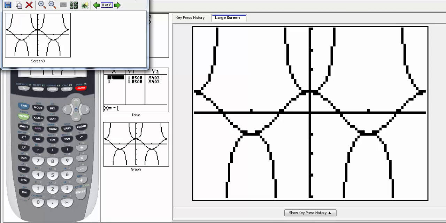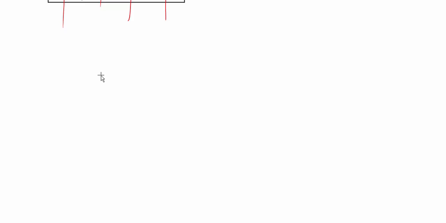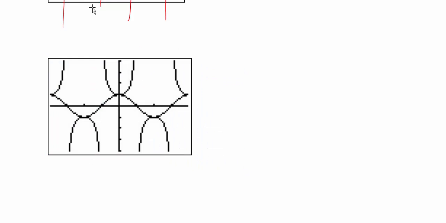So again, if we compare this with our secant function, we get this part of the graph here, here, and here. And if we're looking at the graph of simply cosine x, that's giving us this part of the graph.